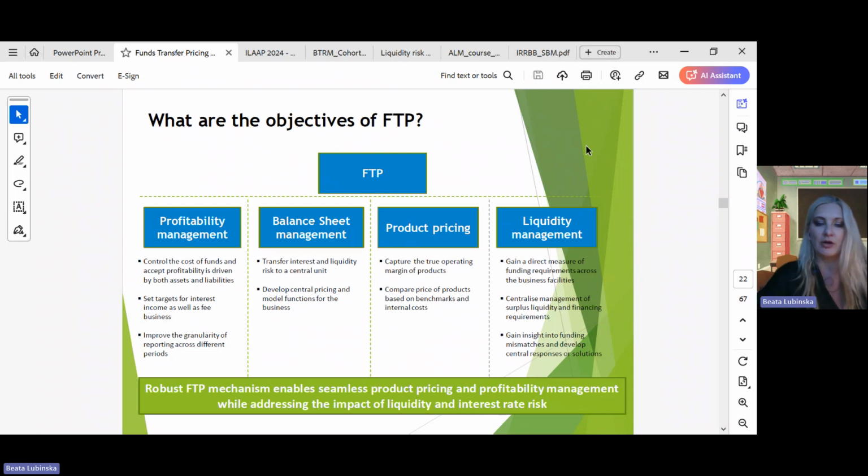But what the regulator is referring to in this document is how you are making sure that you are charging out all liquidity costs for the products which are raising those liquidity costs, including contingent liquidity costs, which come from the fact that you have to hold the buffer for those products in the form of HQLA, high quality liquid assets, or LAB, a different term for the same thing, liquid asset buffer.